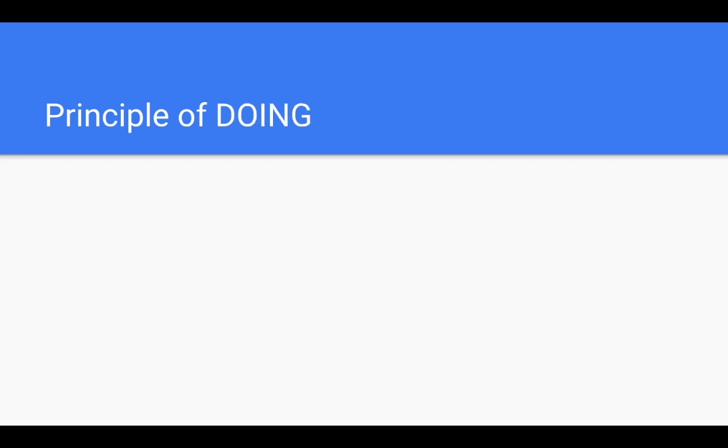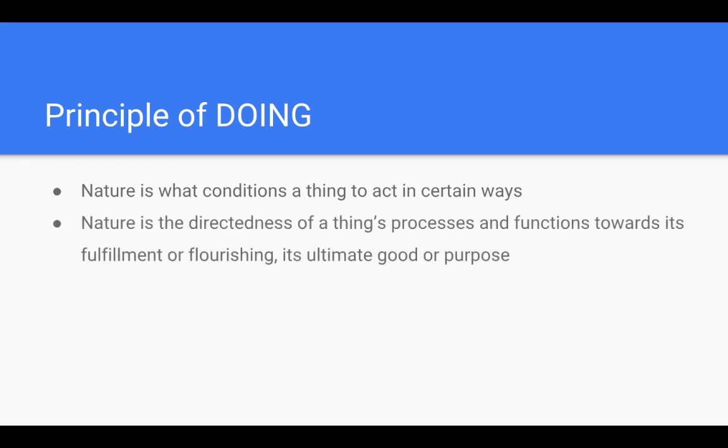Now, moving on to the principle of doing. The nature or the essence of a thing conditions it to be able to do certain things. Nature is what conditions a thing to act or to function or to process in certain ways, right? Nature itself, the essence of a thing, is the directedness of a thing's processes and functions towards its fulfillment or its flourishing, its ultimate good or its ultimate purpose.